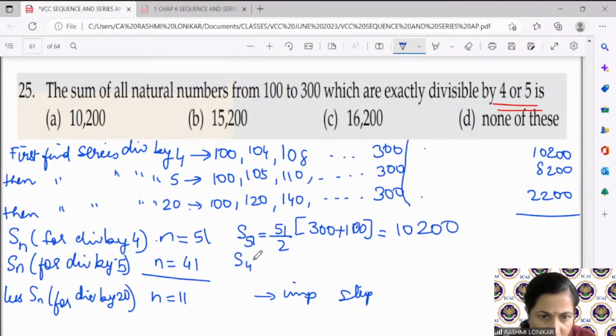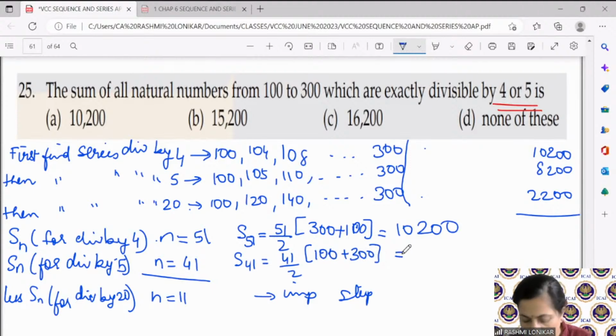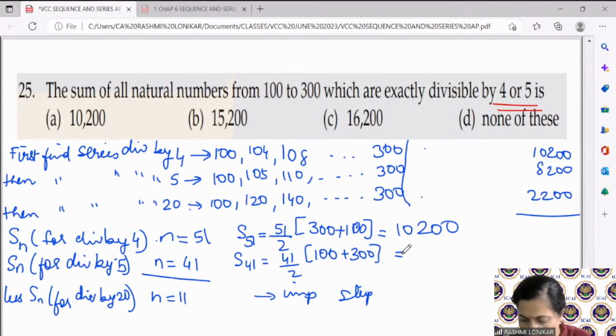S of 41 is equal to 41 upon 2 into 100 plus 300, which is 400 divided by 2, that is 200, into 41, which is 8200. So 8200 plus 10200 is equal to 18400.